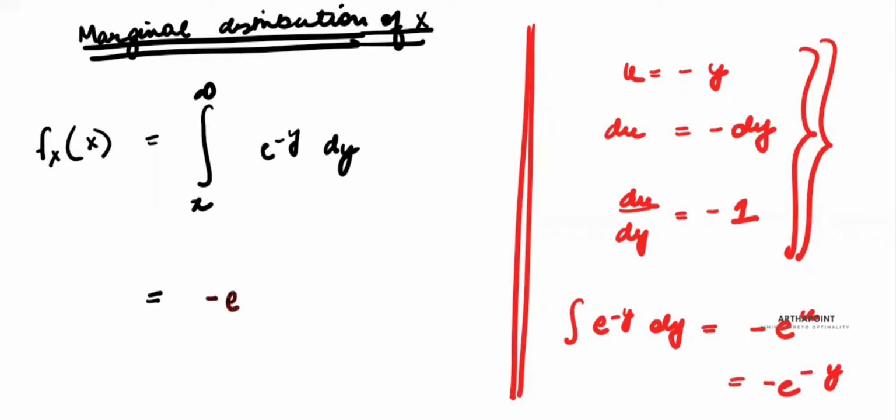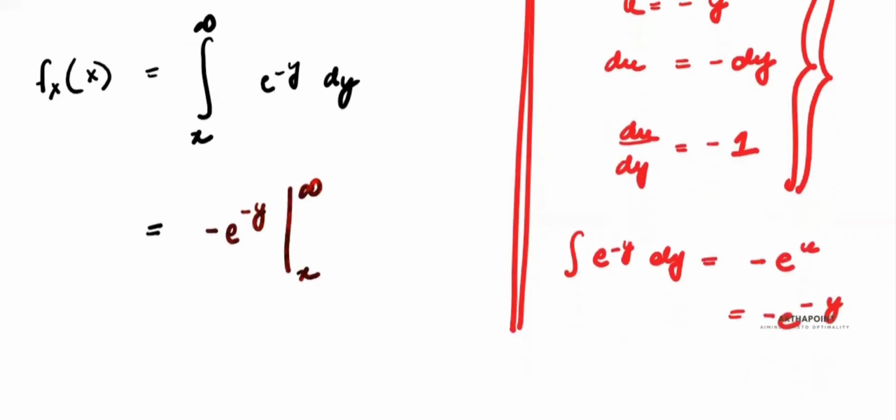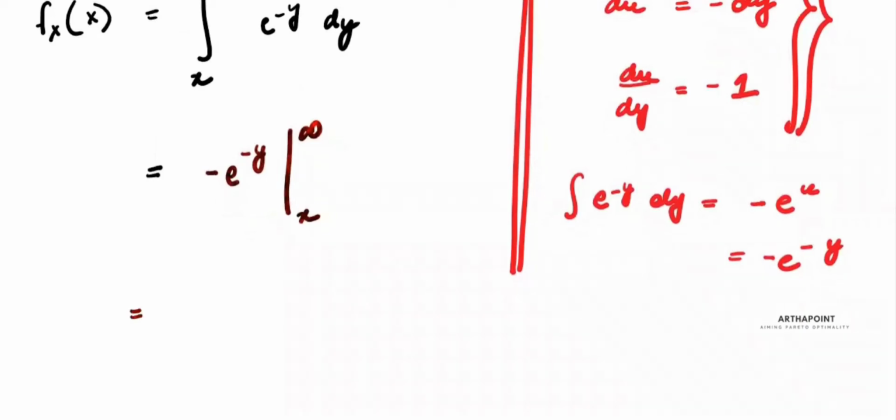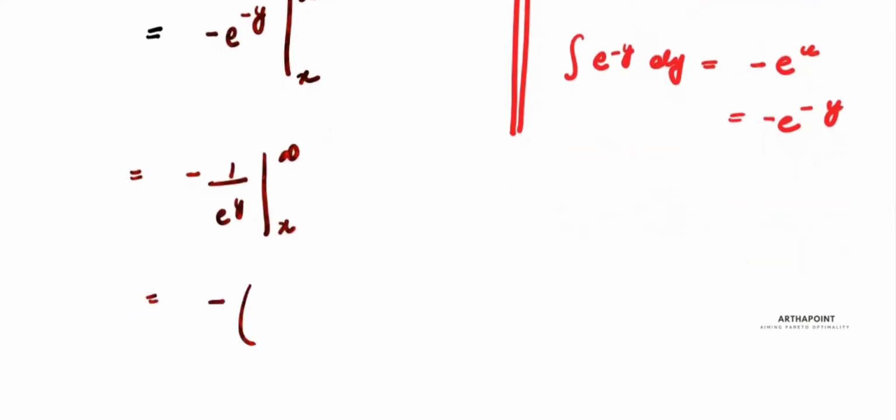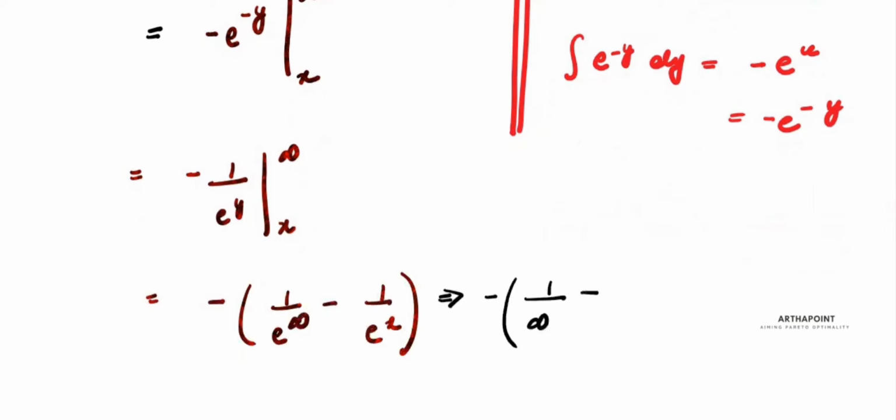So you get minus e to the power minus y, and this goes from x to infinity. When I put in the values, this will be minus 1 by e to the power y from x to infinity, which is minus 1 by e to the power infinity minus minus 1 by e to the power x.